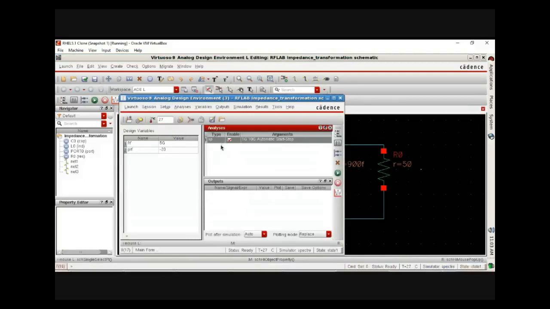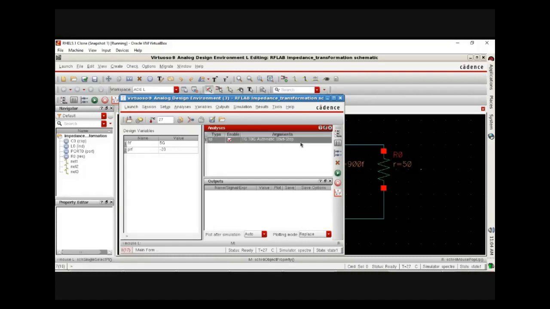Yeah, so I have enabled an SP analysis. SP analysis basically gives you all the parameters. You can go for S parameter analysis, Y, Z, all the parameters are available from this. I have set the operating frequency as 5 giga, and the input signal level as minus 20 dBm.